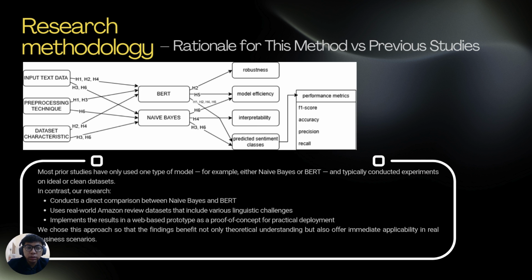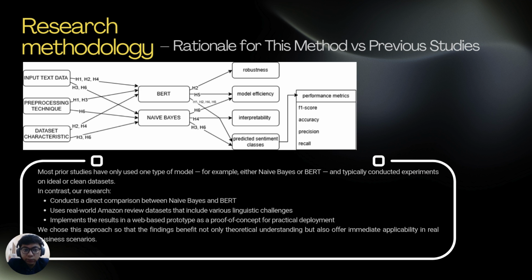So, what is the difference between our method and previous studies? Most prior studies have used only one type of model. For example, they only use Naive Bayes for sentiment analysis, or they only use BERT, and typically conduct experiments on ideal or clean datasets.